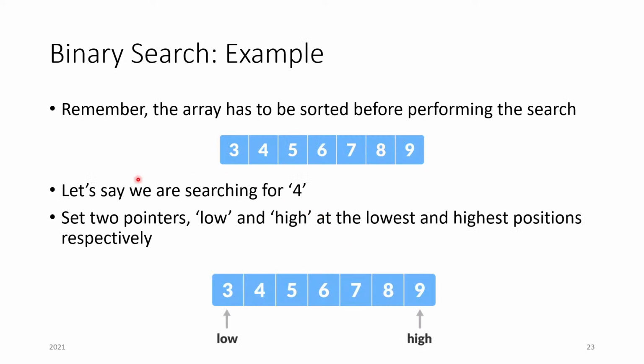Now, before binary search can actually be done, your array needs to be sorted either from lowest to highest or highest to lowest. And then you can actually do your binary search effectively. If the array is unsorted, the binary search is going to take extremely long.